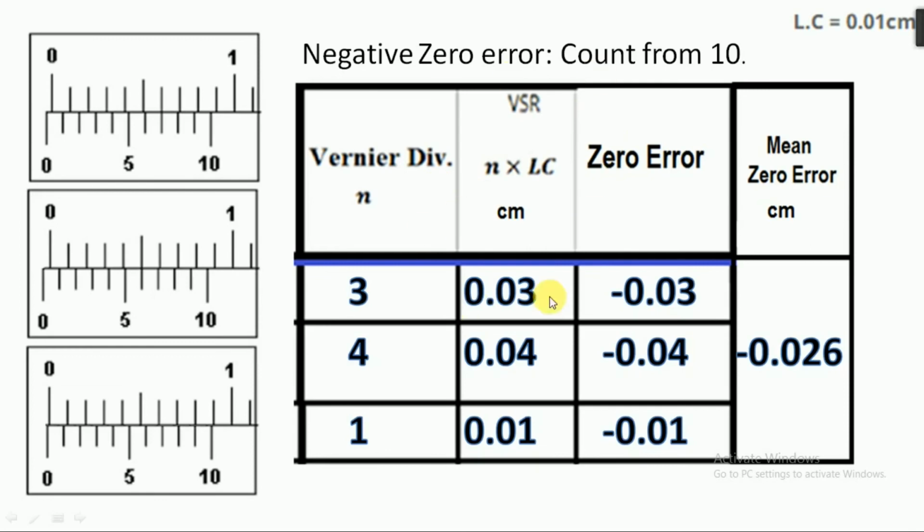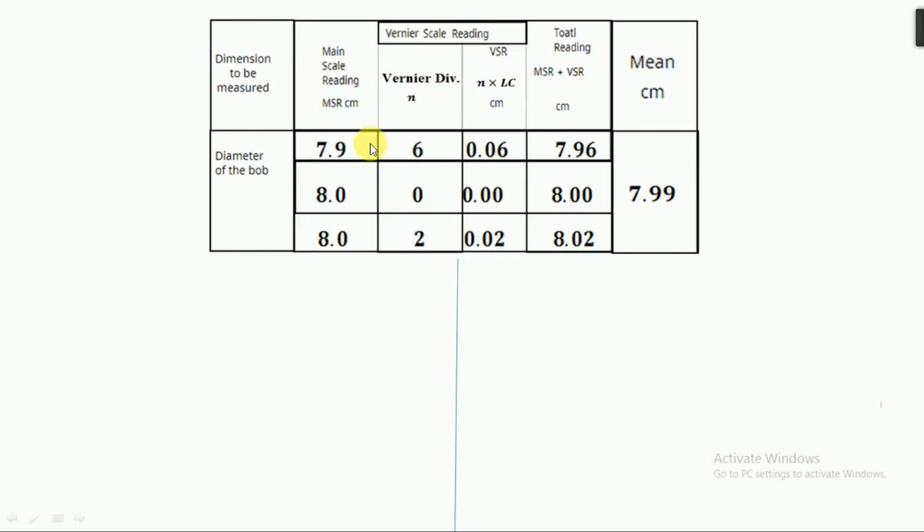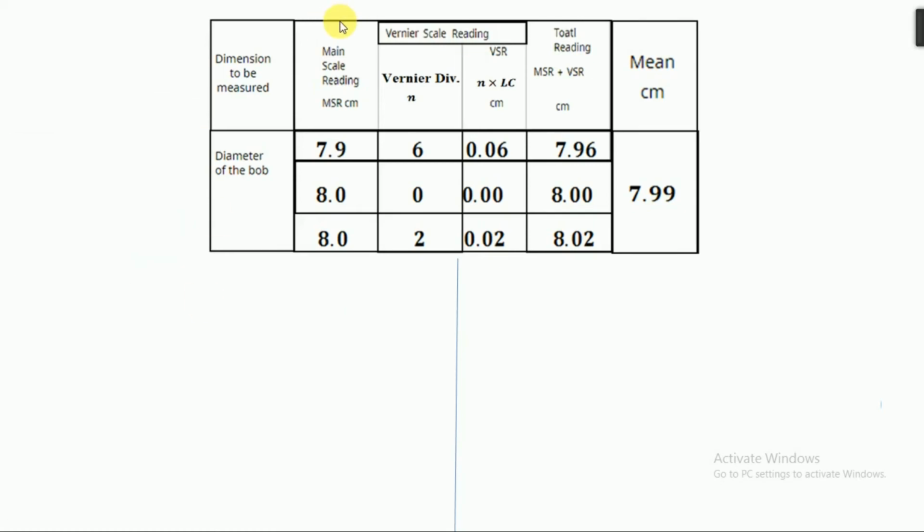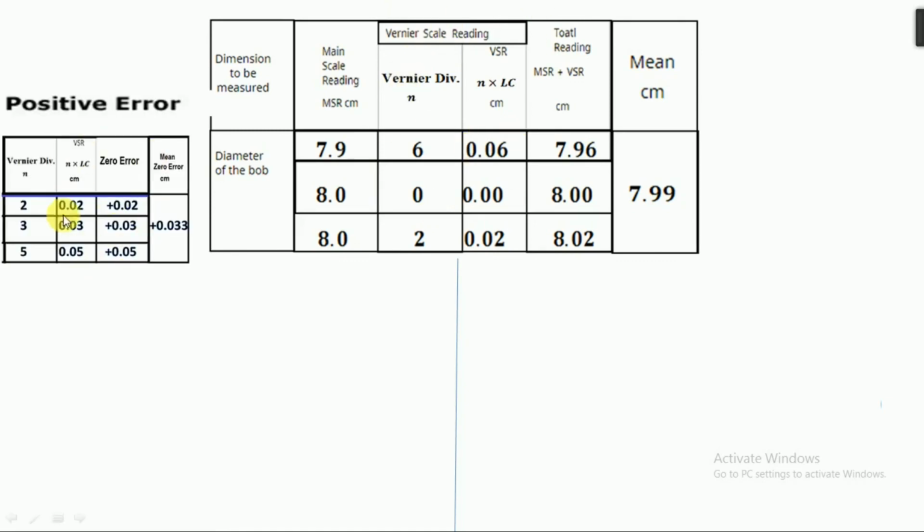Now after finding the errors, we have to subtract the error. So suppose this is the measurement taken with a vernier caliper, and suppose the vernier caliper has the positive zero error of 0.033 centimeter.